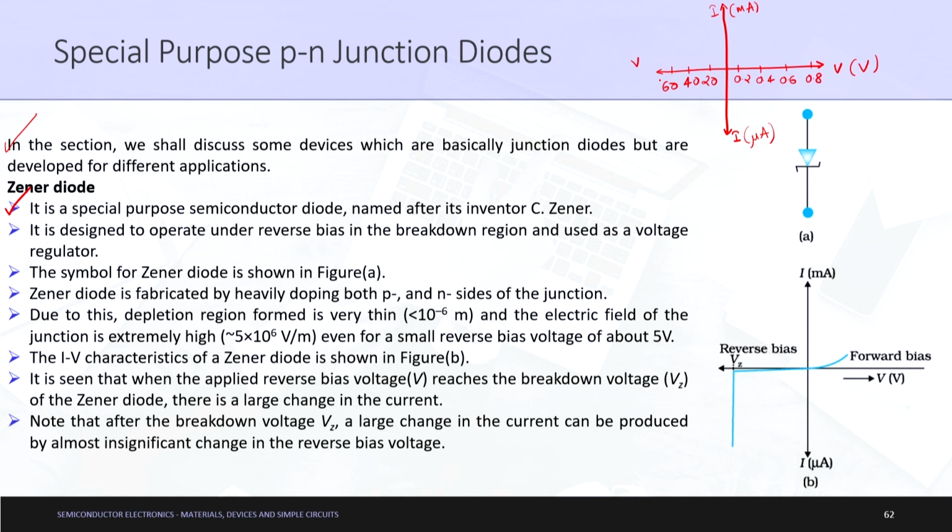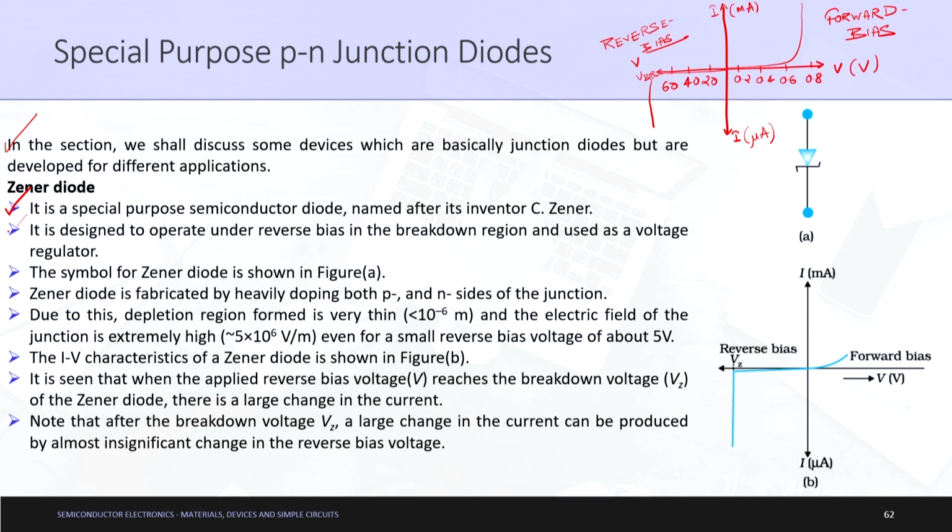It was something like this in the forward biasing, and something like this in the reverse biasing. That is how we understood this concept. This was in forward biasing. This was in reverse biasing. So, let us now understand whatever is written here. That was just a revision.